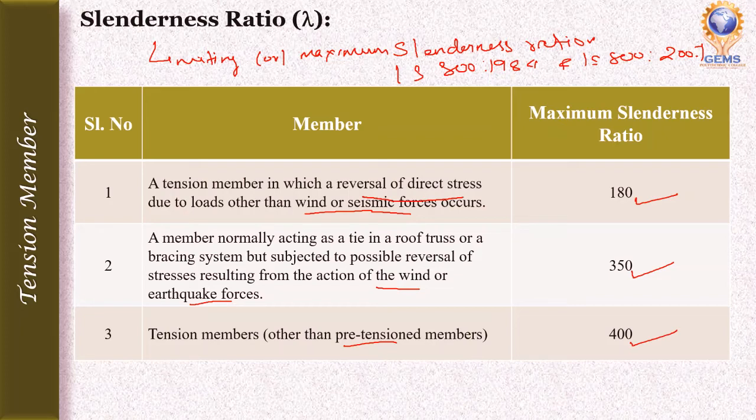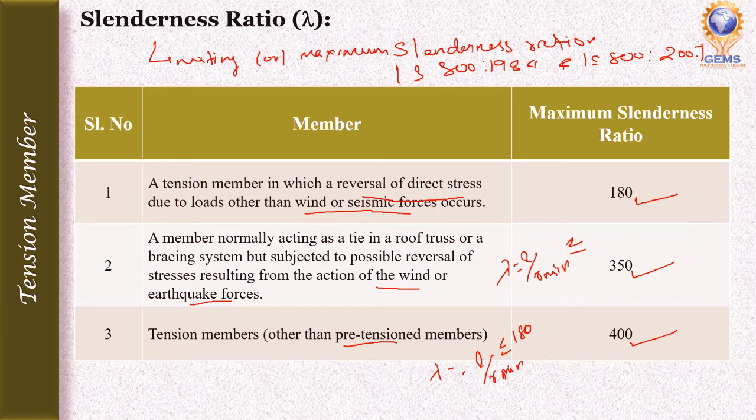So if you are finding lambda equal to L by r minimum, this value should be less than or equal to 180 if it is subjected to load or reversal of direct stress other than wind or seismic force. And this lambda value L by r minimum should be less than or equal to 350 if it is subjected to wind or earthquake force.